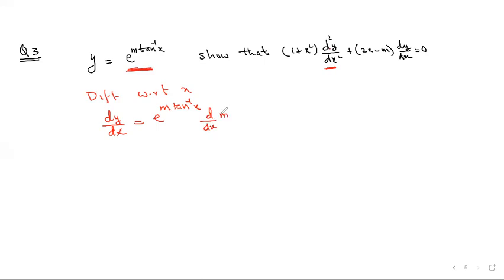No problem, no? Has anybody got any difficulty there? So that became dy by dx. I don't want this to be present in my answer, so I'll substitute y into m times derivative of tan inverse x, 1 upon 1 plus x squared.